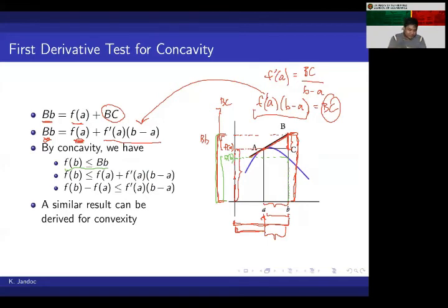But we know that BB is just this value over here, so we substituted this one for BB. When we move things around and put f of a to the left-hand side, we have f of b minus f of a is less than or equal to f prime a times b minus a. A similar result can be derived for convexity.